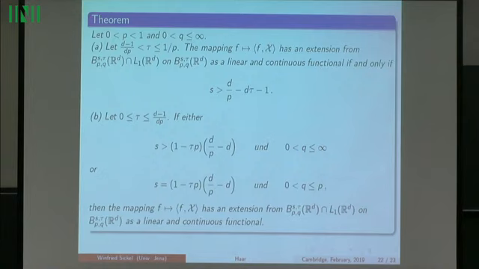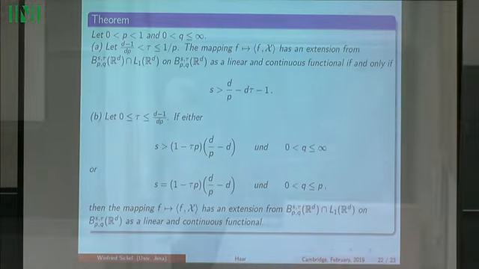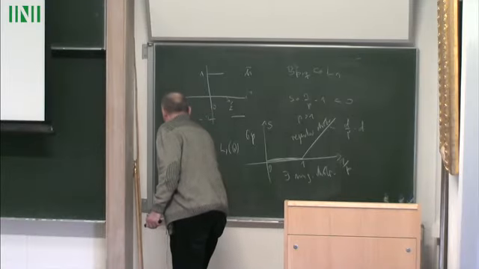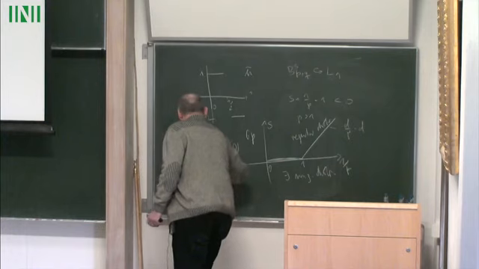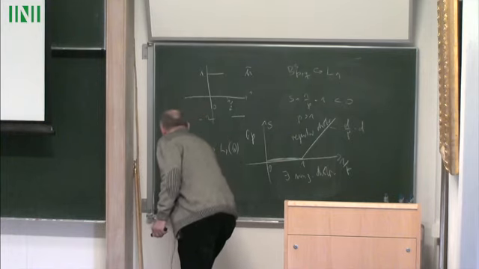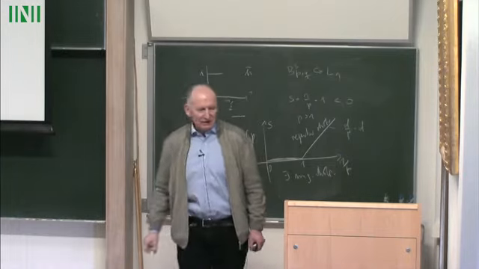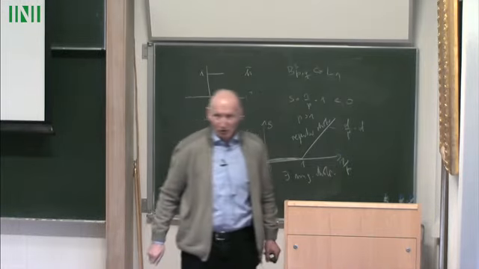Why almost if and only if? If we would have a 1 in place of p, then that would be if and only if. But it's unknown whether the Besov-type spaces with s equals (1 minus tau p) d over p minus d and q between p and 1, whether in this case the embedding holds true or not.